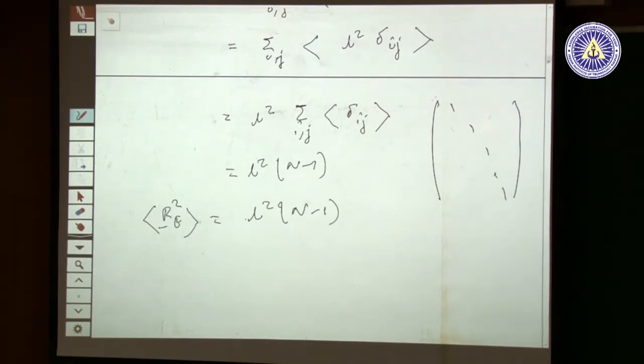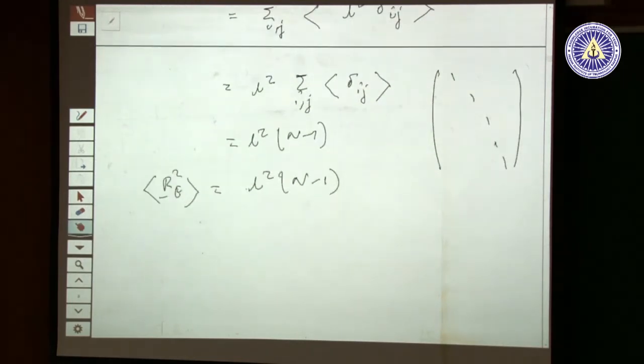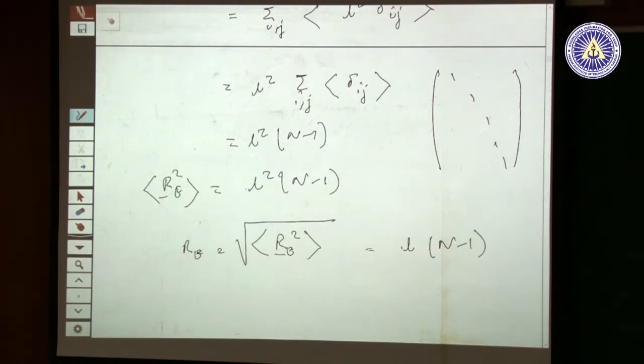And we could define the end to end vector magnitude Re as the square root of Re squared, and that is L times the square root of n minus 1. And in fact, since n is very large, this is really L times n to the power of half.